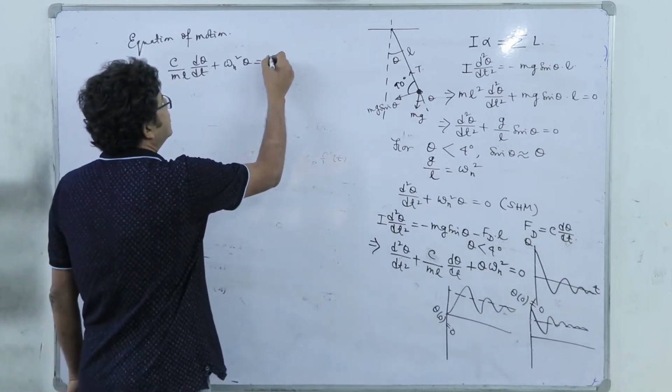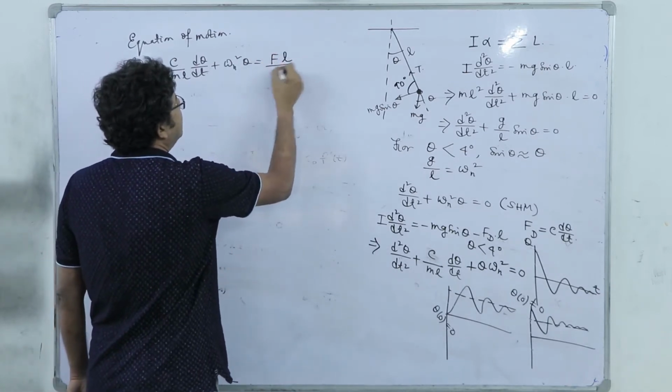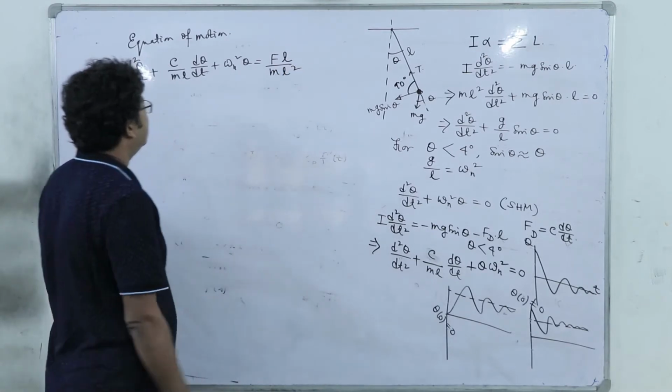So that will be equal to F into L by ml square.